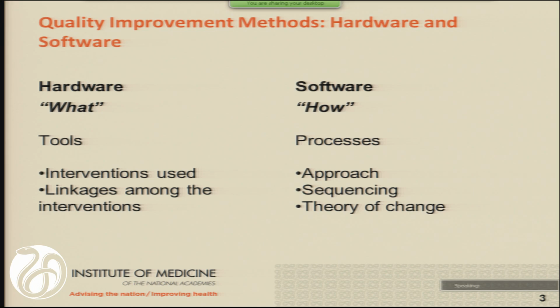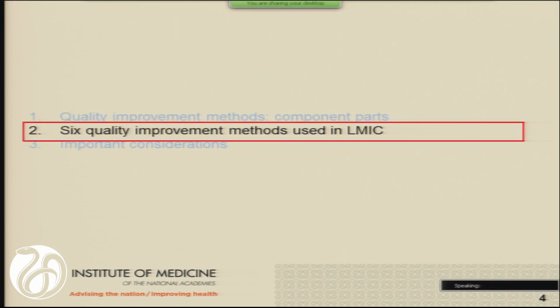So when I present each of the 6 methods very briefly, please keep these 2 in mind, because I would like to come back to the what and the how, and some of the challenges that we face in relation to understanding what is being done and the measurement.